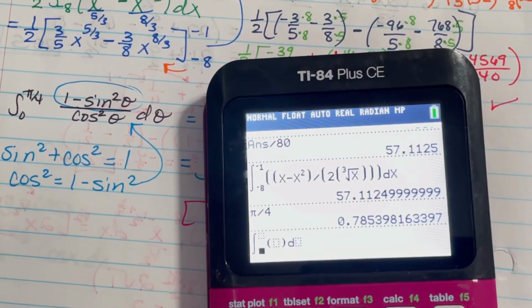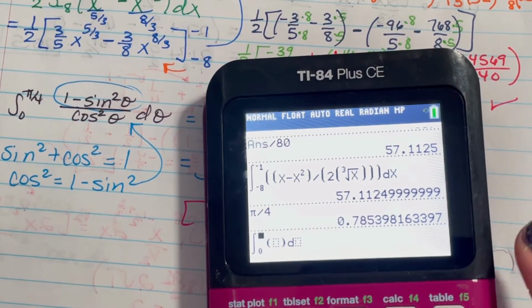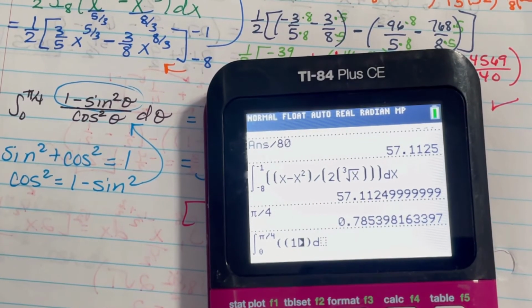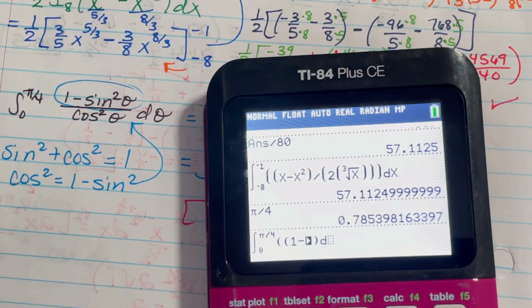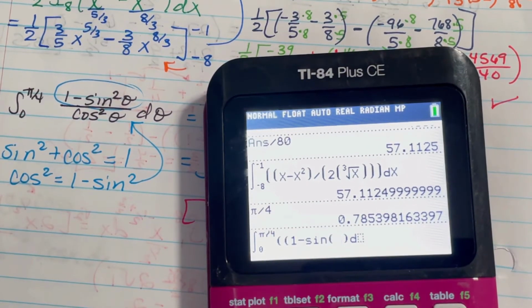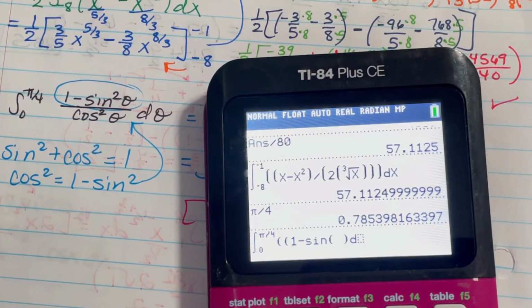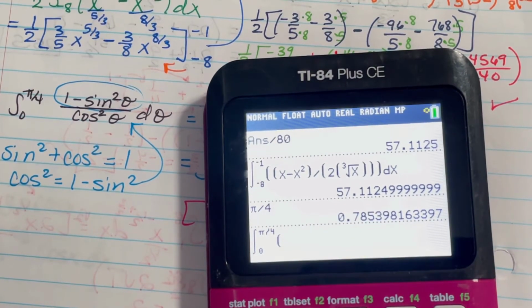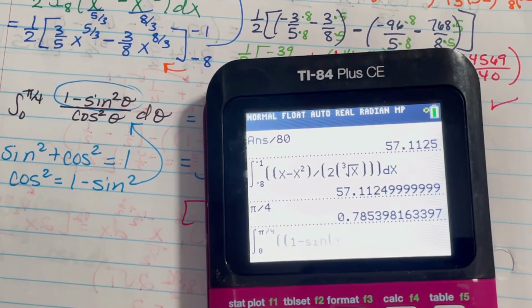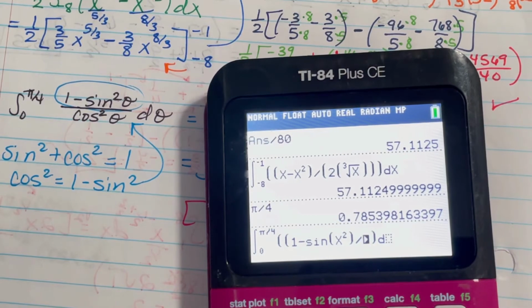Let's do Math 9. Integral from 0 to pi over 4 of 1 minus sine, I think it's of x squared, and then divided by cosine squared theta.